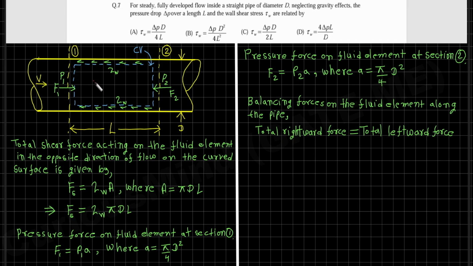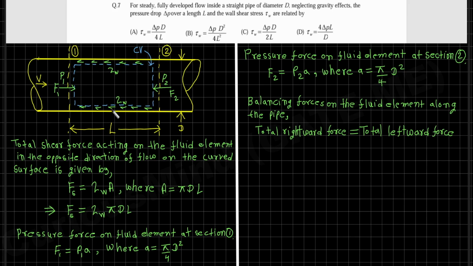So we are going to balance the forces that act on this fluid element along the pipe. We would equate the total rightward force with the total leftward force. And we know that there are actually three forces that act on this fluid element. One is the F1 force, which is the pressure force on the circular surface of the fluid element due to pressure P1, and F2 force, which is also a pressure force due to the pressure P2 on this circular surface.